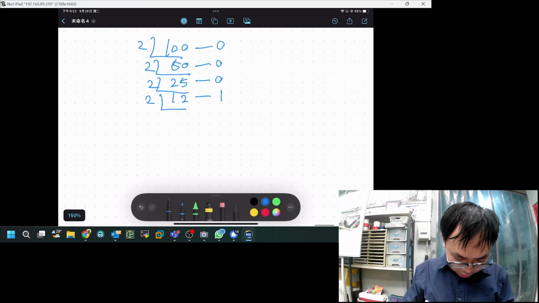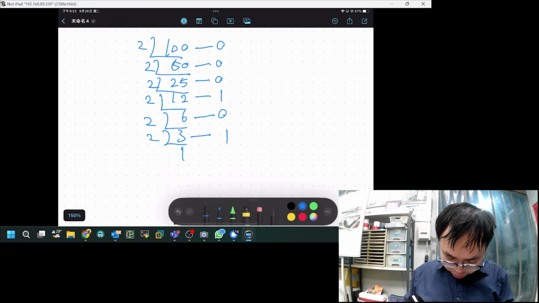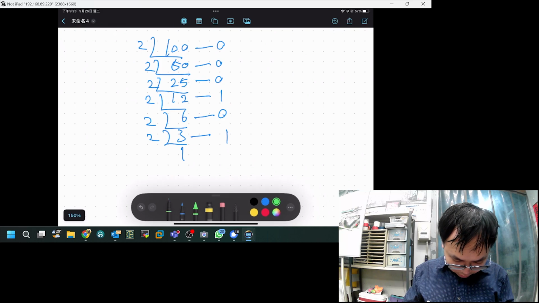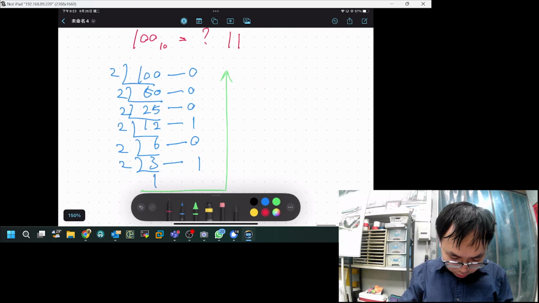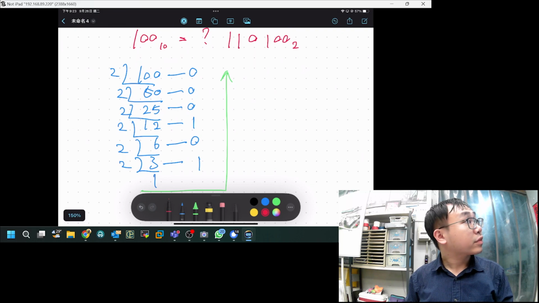Then 6. So you do it this way. So the number will be 1100100 base 2. This is how you do the work.